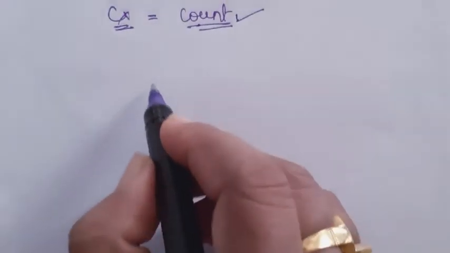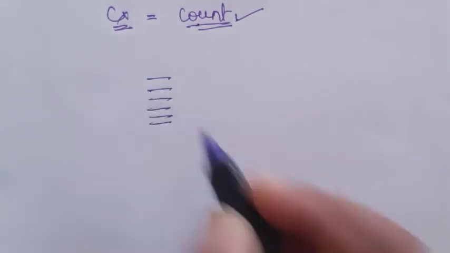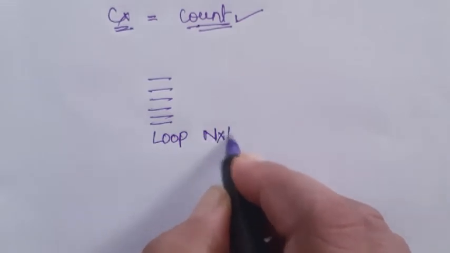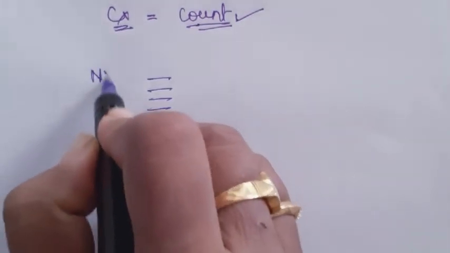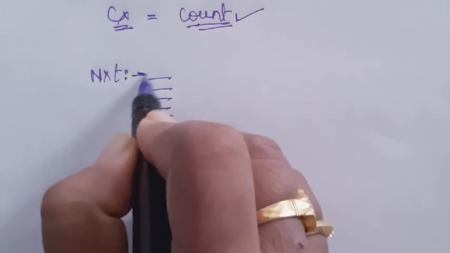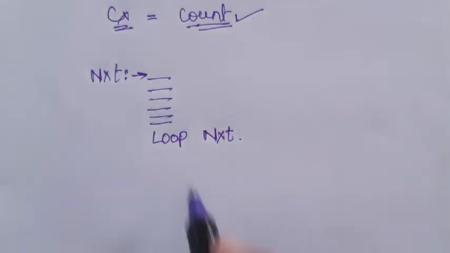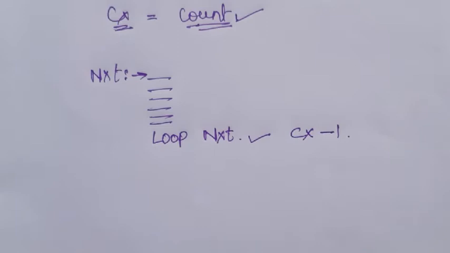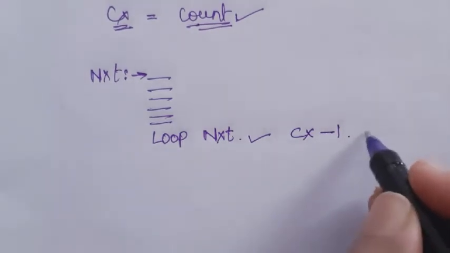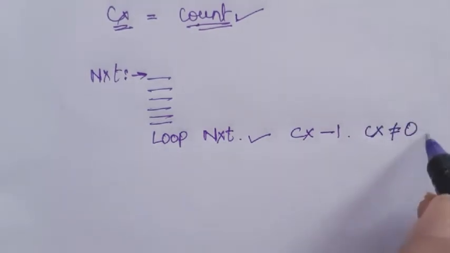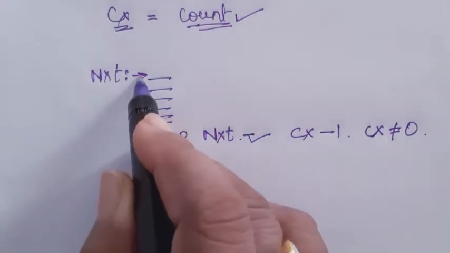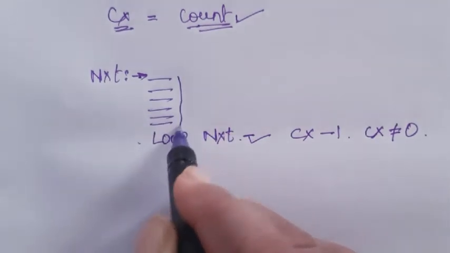It is like you have a certain number of instructions. After this you have loop, followed by the label, and this label is pointing to this particular instruction. When the loop instruction is executed, each time the CX contents are decremented by 1 and compared. If CX is not equal to 0, then the execution is transferred to this particular location, and it executes these instructions again.